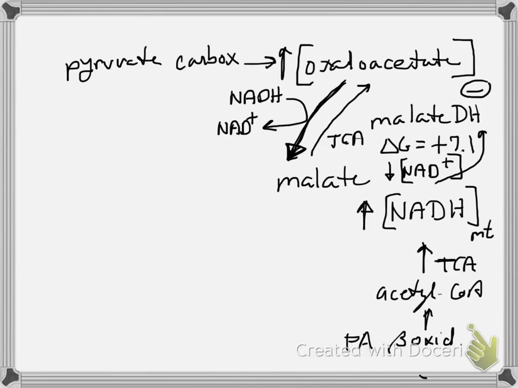Now, I also said malate was disappearing. Where's malate going? Well, malate is now entering the cytoplasm. Now what happens to malate in the cytoplasm? Okay, let's go to the next slide.